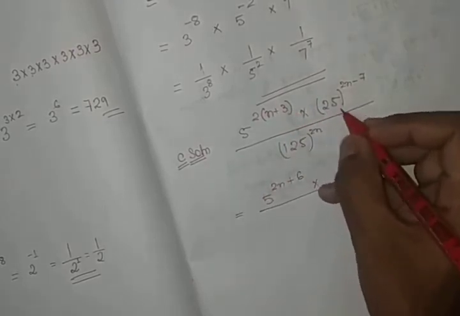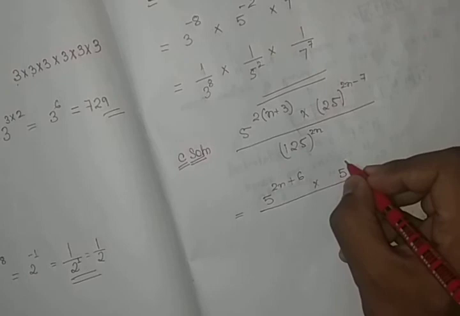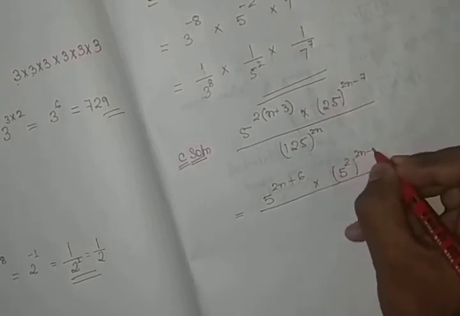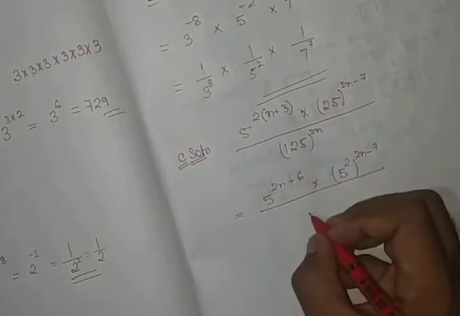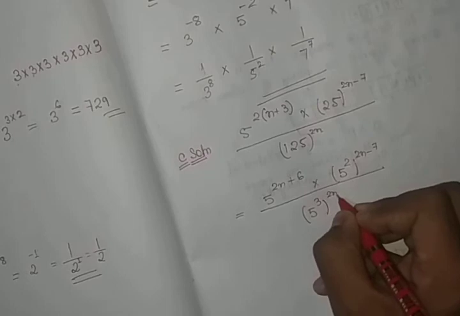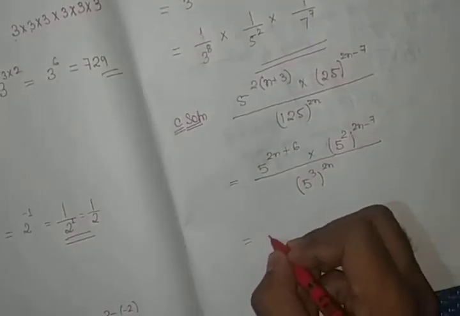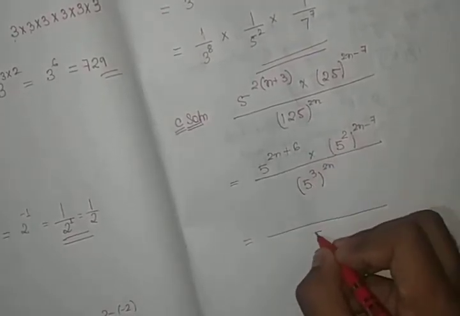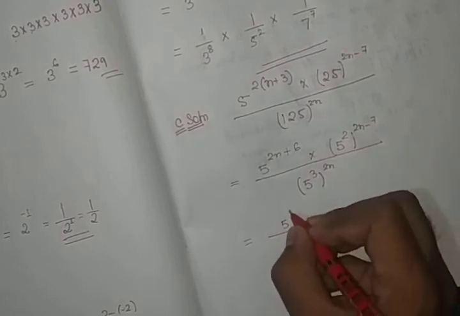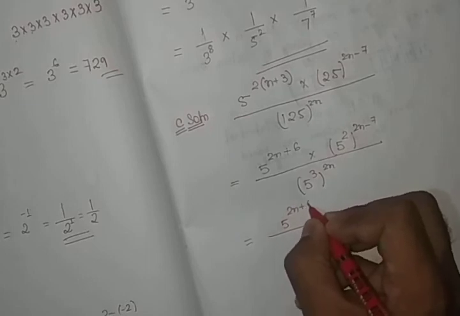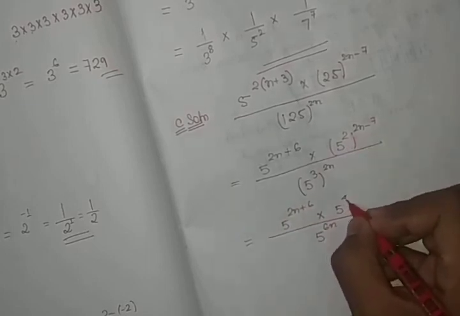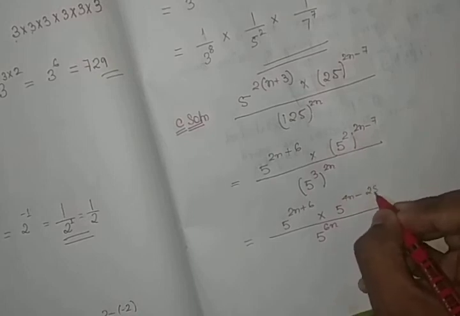This 25 can be written as 5 square, and outside it is 2n minus 7, and below this, 125 can be written as 5 cube, and outside it is 2n. So here, this will become 5 to the power 3 to the 6n. Here above it will be 5 to the power 2n plus 6 multiplied by 5 to the power 2 to the 4n minus 28.